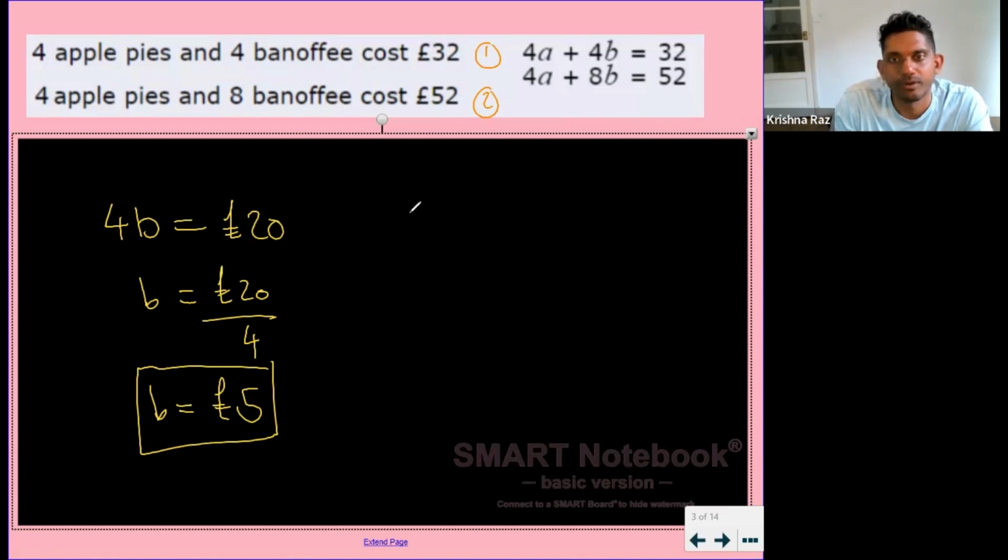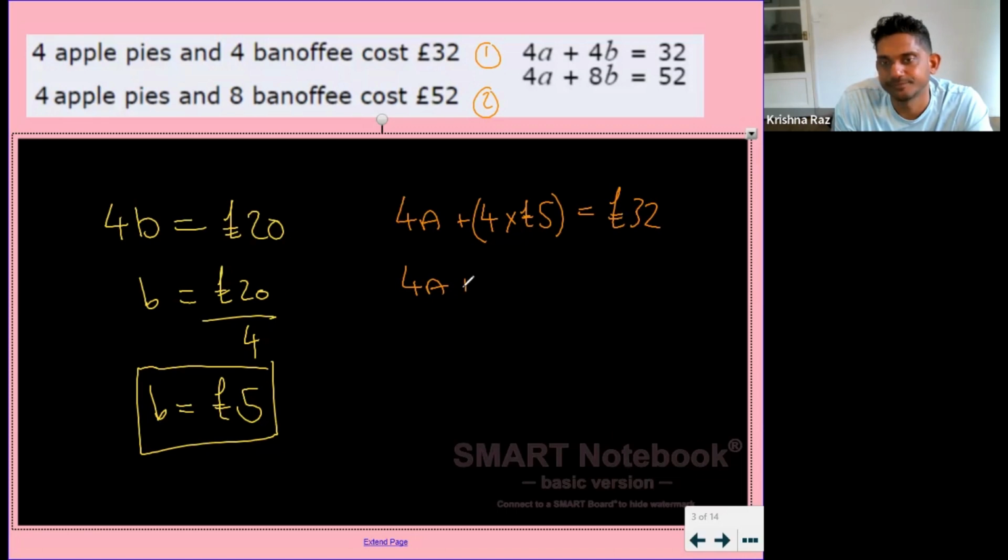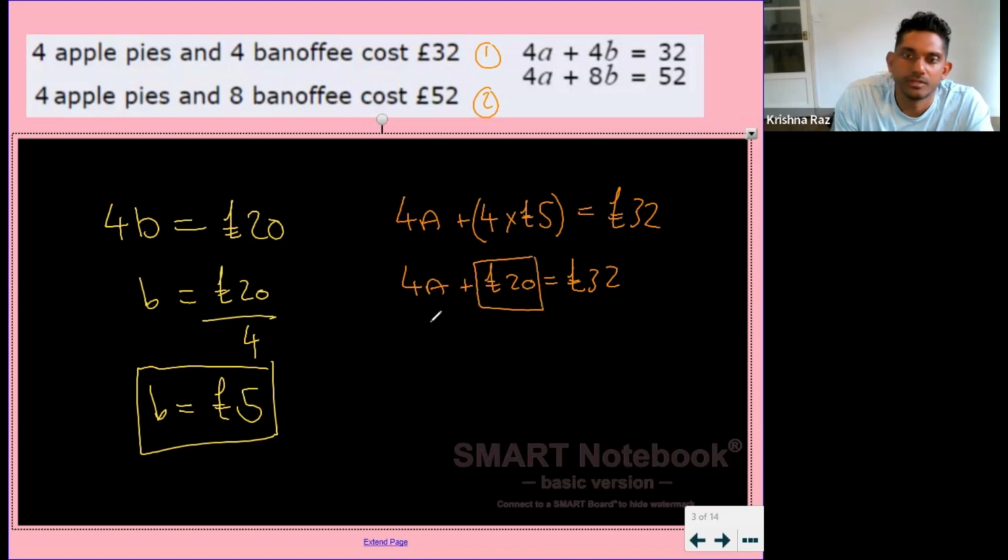So 4 apple pies plus 4 banoffee pies at a cost of £5 equals £32. So 4 apple pies plus 20 equals 32. So if I take 20 away from 32, I've got 12. So 4 apple pies came at a cost of £12.